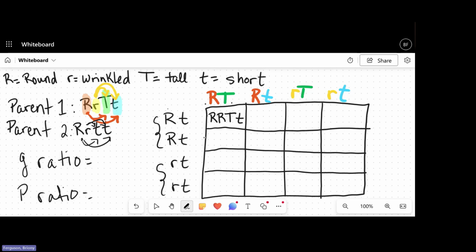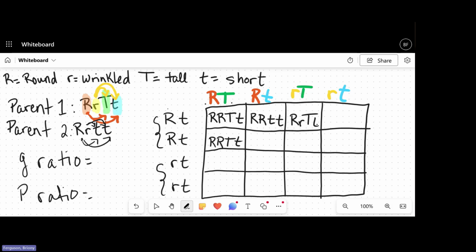You know that this is going to be the exact same for these two blocks right here. And we'll just keep filling this out. This one's going to have 2 dominant R's again, except it's going to have 2 recessive T's.